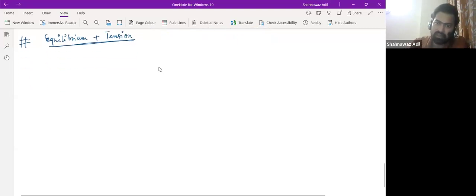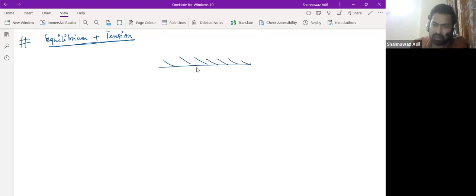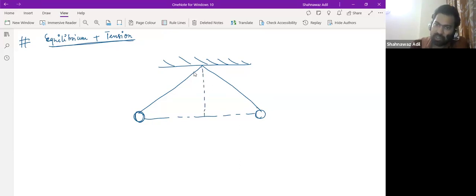let's say we have this rigid wall, and two charges are hanging, and they are making equal angles. Let's say this is one charge, and this is another charge, and they are making equal angles. Let's say this is the vertical. So they are making theta angle, and this is also theta angle.